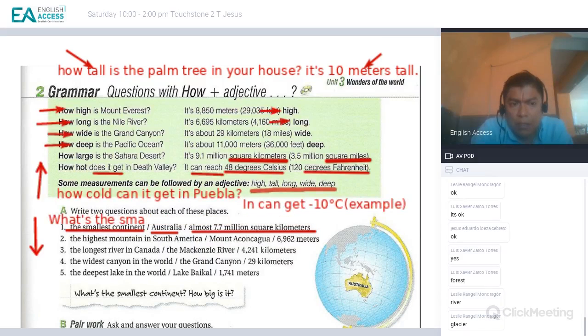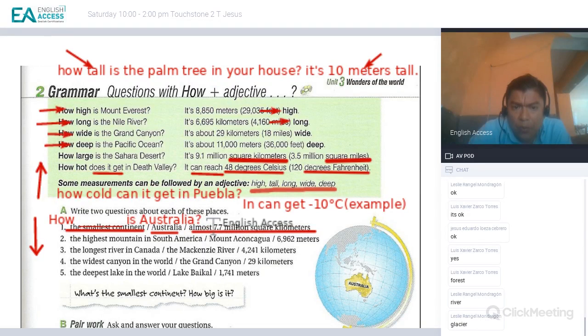What does that mean? That means the question is, how, what is the answer for this? What is Australia?